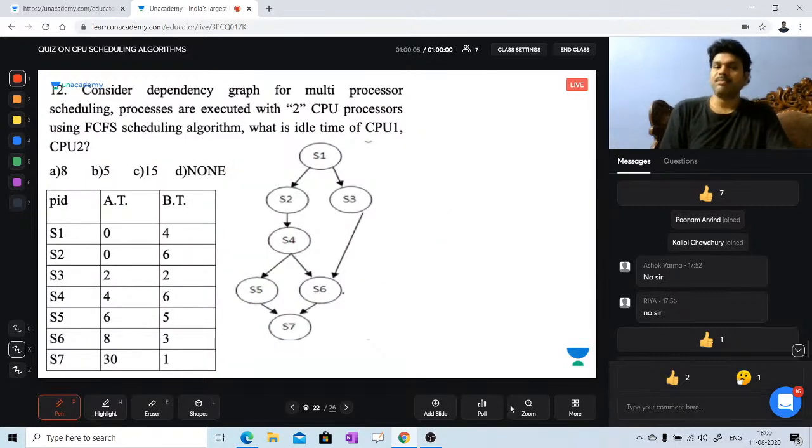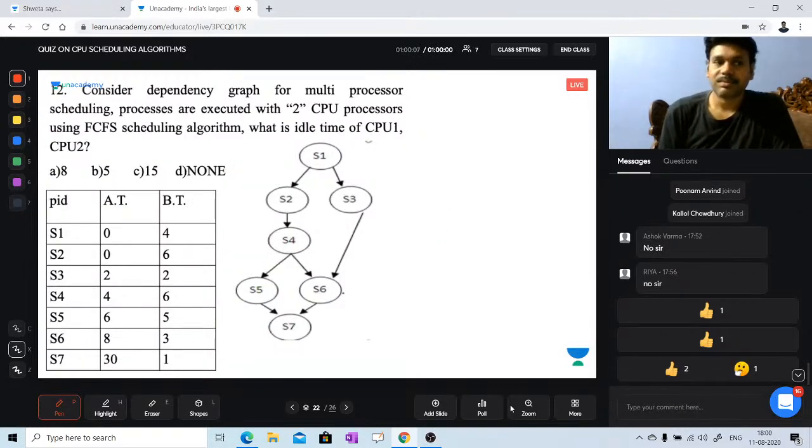Yeah. This is the graph based question. Please understand carefully. I am running multiple processor scheduling. This I taught in the last YouTube session. Multi-processing. Multiple processors are there. Two CPUs are there.